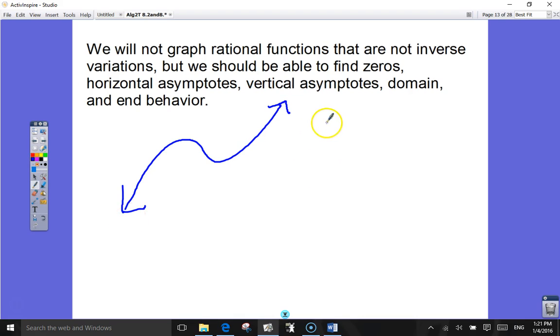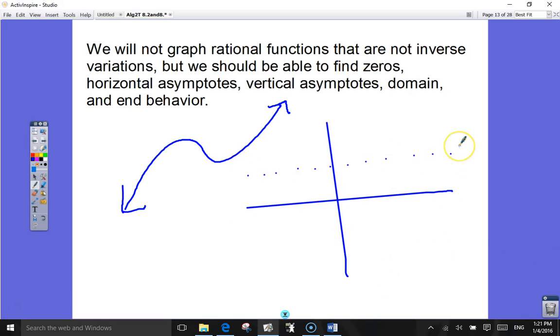But now we're going to have horizontal asymptotes on the graph. And that means that the graph is actually not going to approach infinity or negative infinity. It's going to approach whatever the y value is on the horizontal asymptote. When there is a horizontal asymptote, which is not always, but when there is, then we'll have a different kind of end behavior than we've seen before.